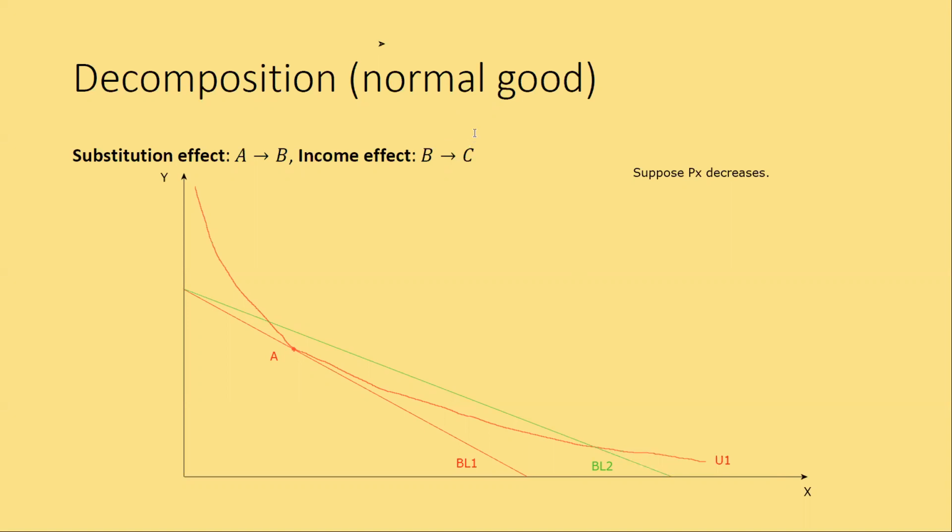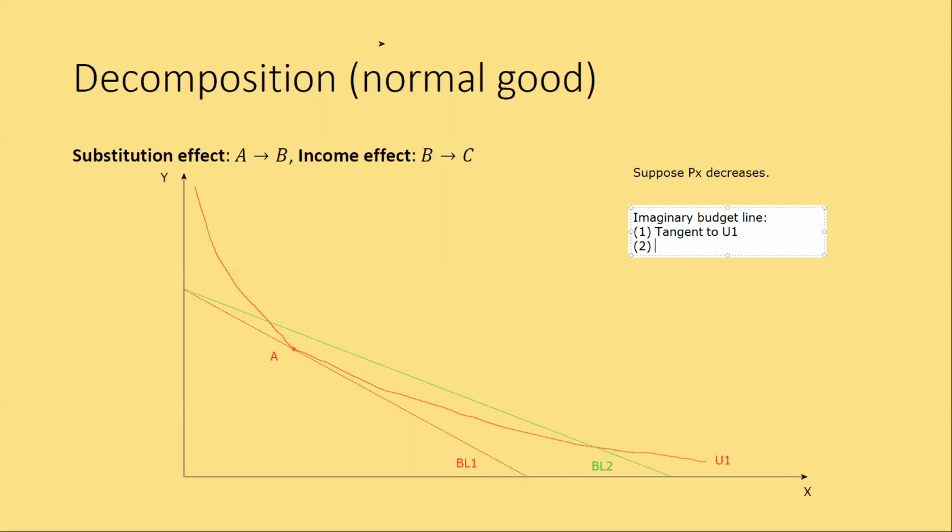Now, to do what I described just now, I'm going to find an imaginary budget line. And this imaginary budget line satisfies the following two conditions. First of all, it is tangent to U1.